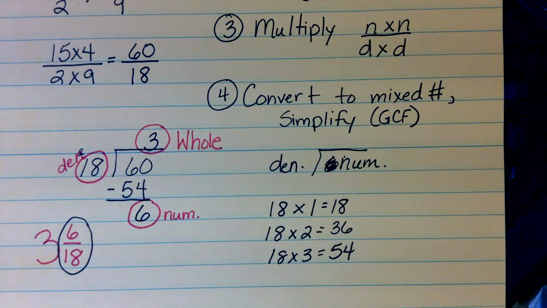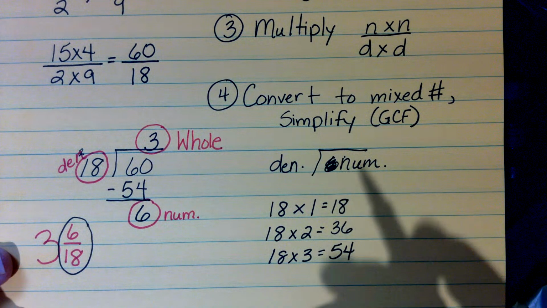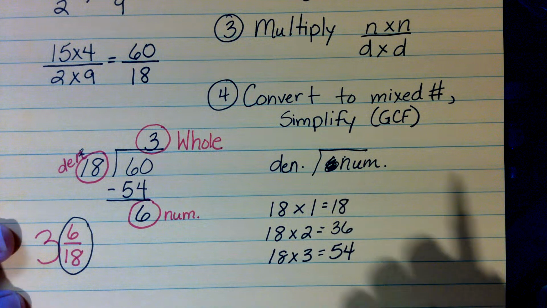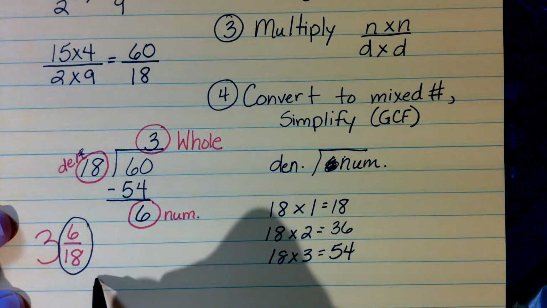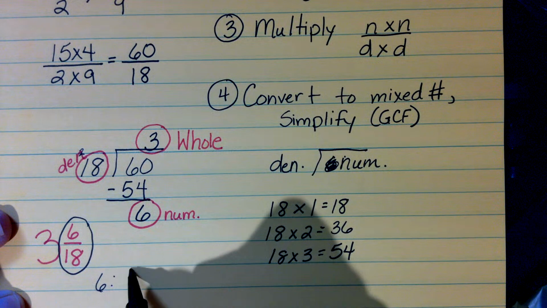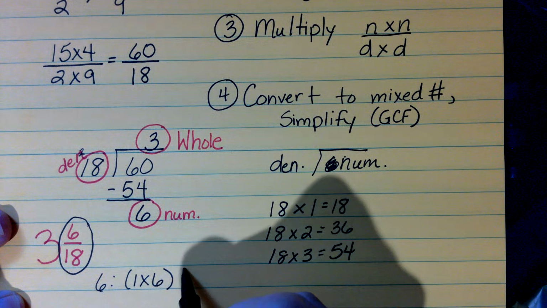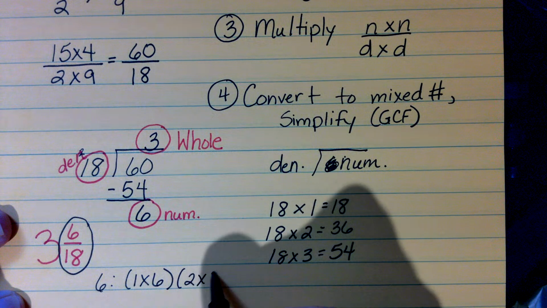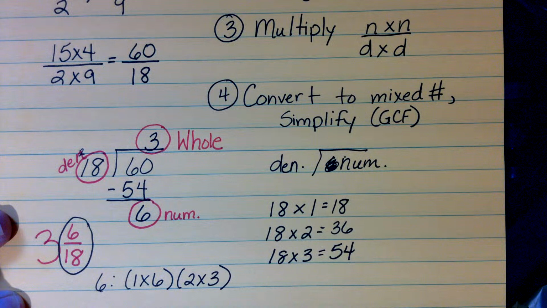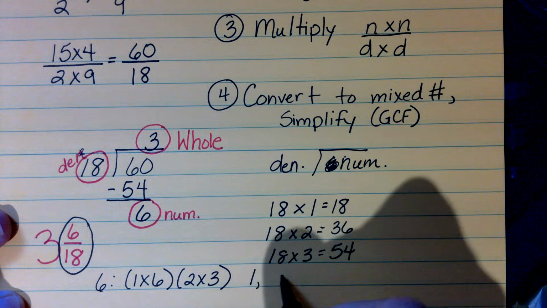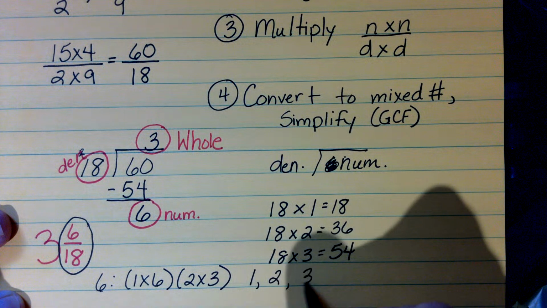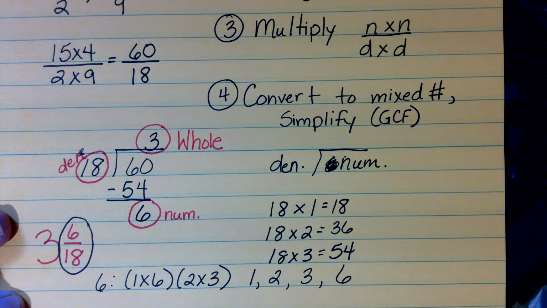They're both even numbers, so I know that I can divide both of them by 2 if I need to, but let's find out the greatest common factor between 6 and 18. So I know 1 times 6 is 6, and I know 2 times 3 is 6, so I only have 1, 2, 3, and 6 as factors.